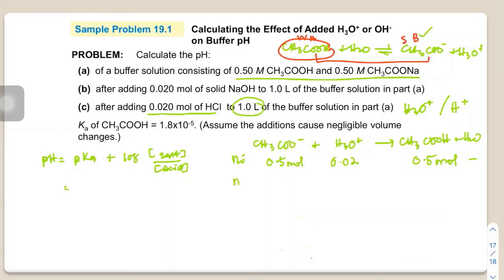So the amount that is changed is minus 0.02, which is the same amount of the H3O plus that is being added, because their ratio is 1 to 1, and for the acetic acid plus 0.02.